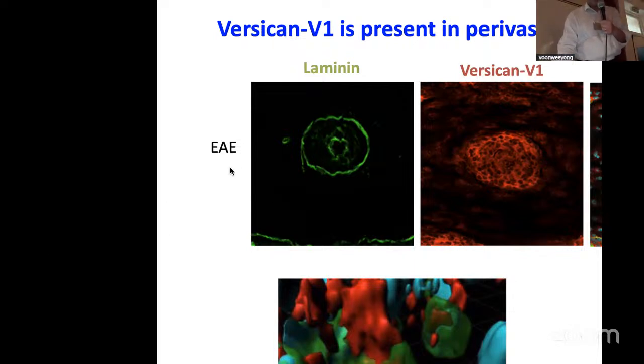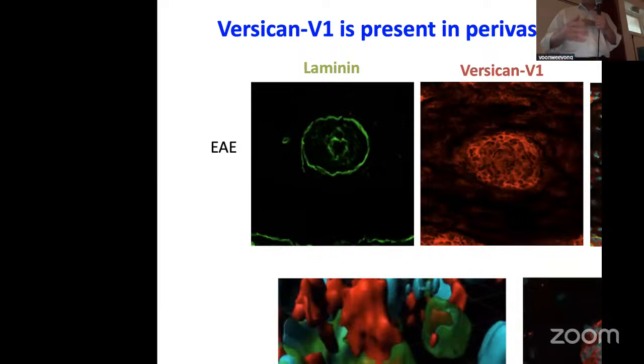Here again, an example from EAE, the two basement membranes, the perivascular area here, and this is where versican V1 accumulates. And when you look for the immune cells, they are here, and here's a high magnification view.